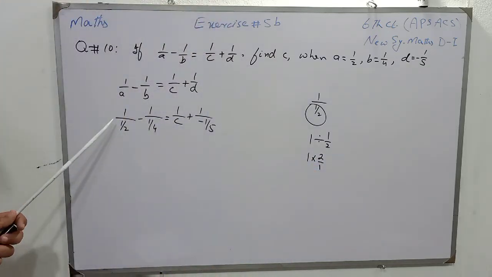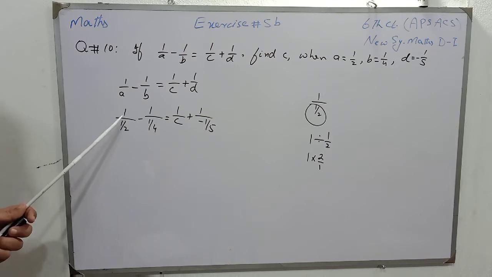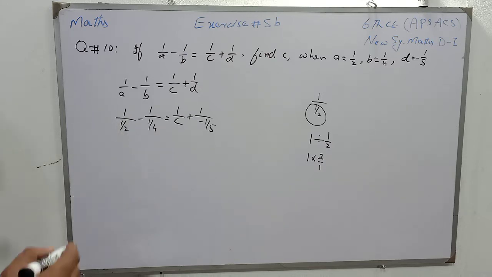In the same way students, this 1 over 2 is dividing 1, and when we change this into multiplication, it will become 2 over 1.